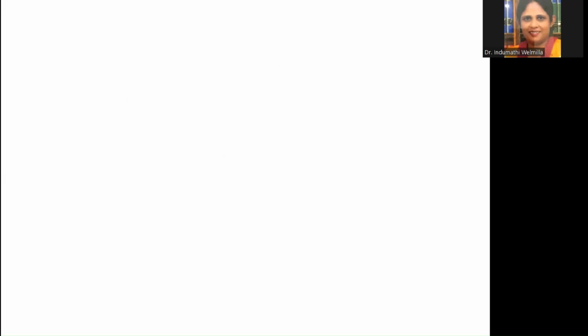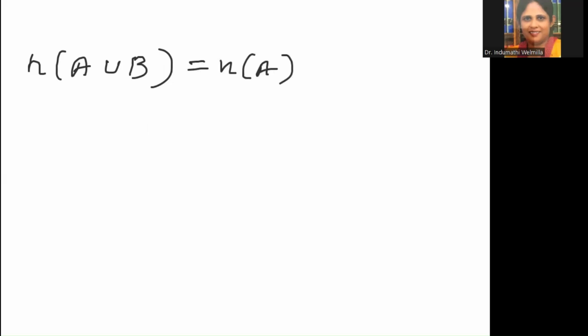First, N(A union B), the number of elements in A union B, should be equal to N(A), the number of elements in set A, plus N(B), the number of elements in set B, minus the number of elements in A intersection B.